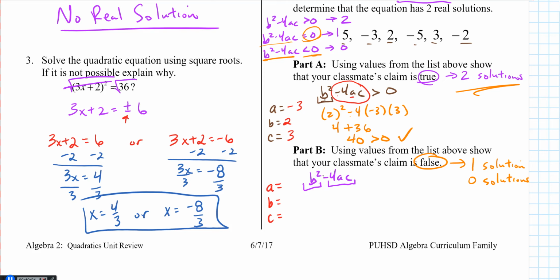Now let's go with a -2 this time for B, because that's the smallest thing I can possibly pick, because no matter what I do, if I square that, I'm going to get a 4. If I square 3, I get a 9. If I square 5, I get a 25. So 2 or -2 is the best choice for that.